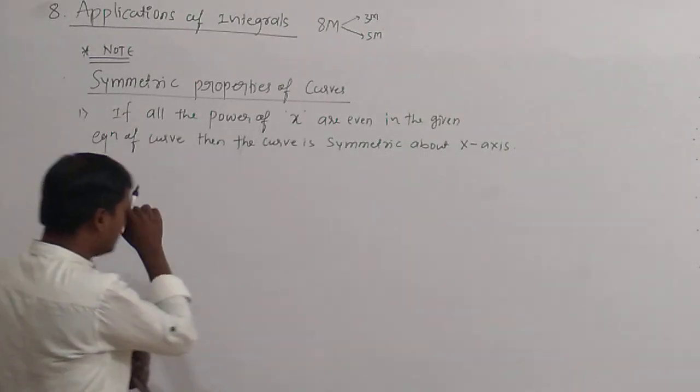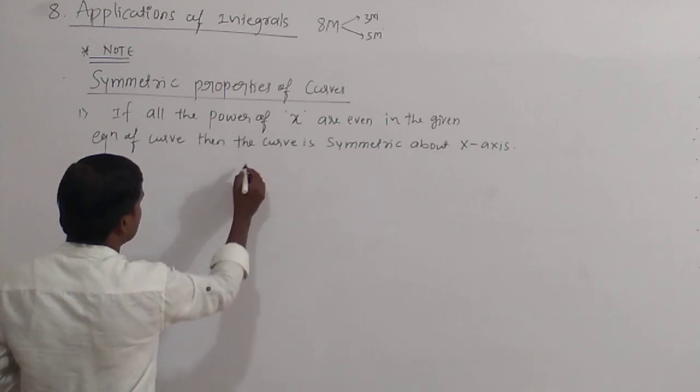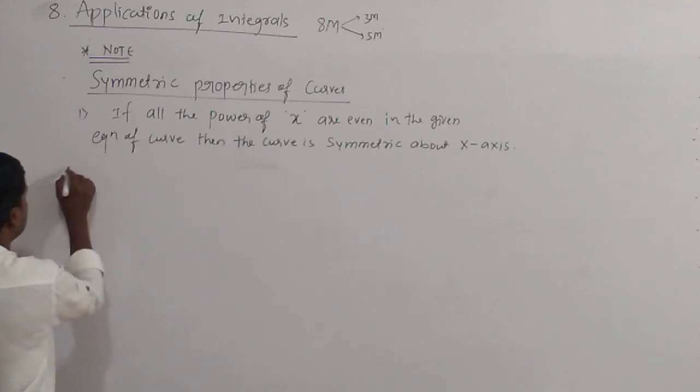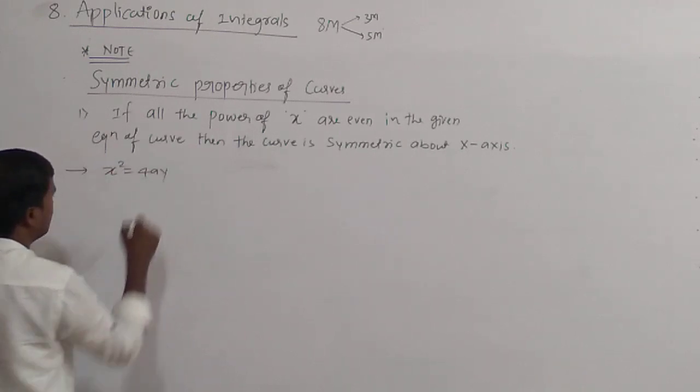So for example, the curve is like this: x square is equal to 4ay. So here the equation of the curve is x square equal to 4ay, right?